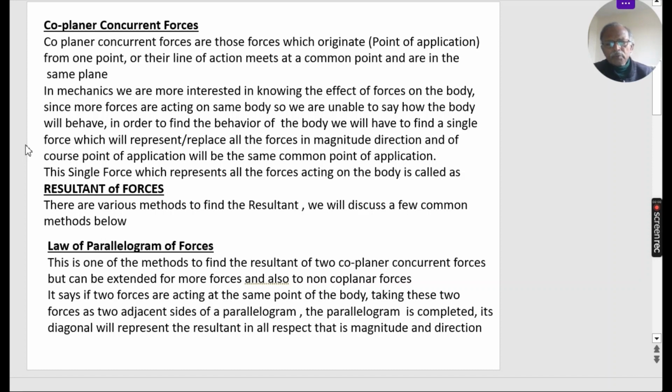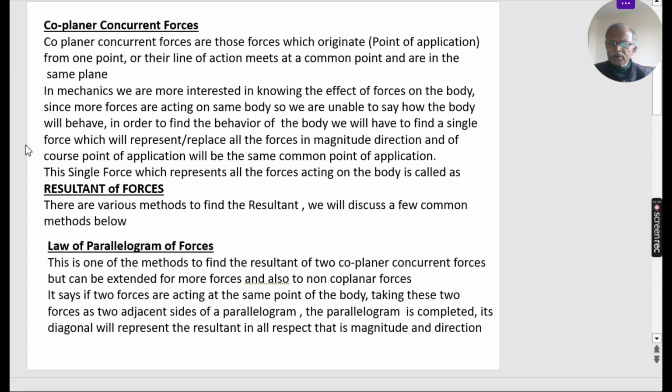Okay, so now let us proceed. To find the single force, this single force which replaces all the forces acting on the body is called the resultant.